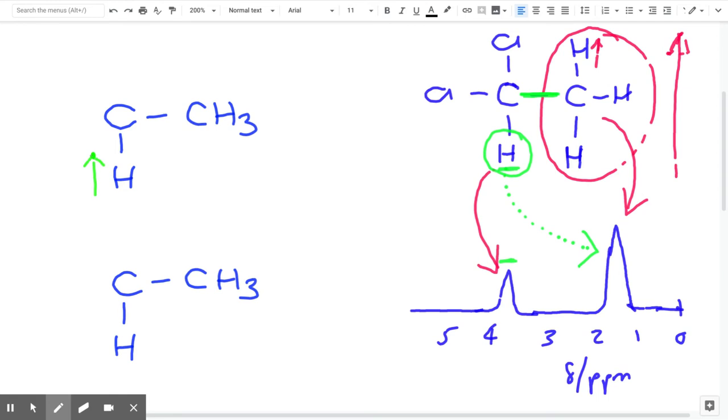But it is possible that the proton could go the other way. We only talk about vertical directions in this situation. But we could have the proton aligned with the magnetic field, or the proton not aligning itself with the magnetic field.